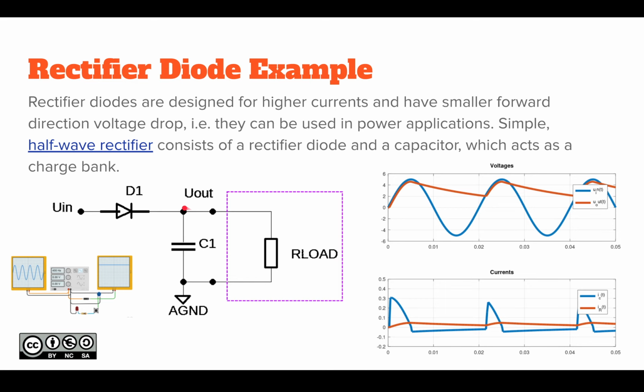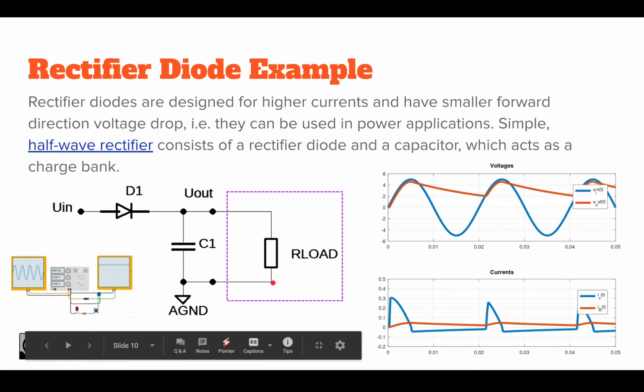So this capacitor C1 acts as a charge bank or a battery, which gets charged at the beginning of each positive cycle, and then works as a battery for the falling and negative cycle part. So what happens is that the output voltage is roughly DC.